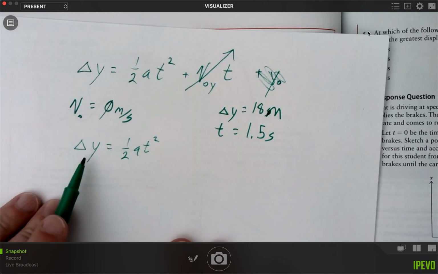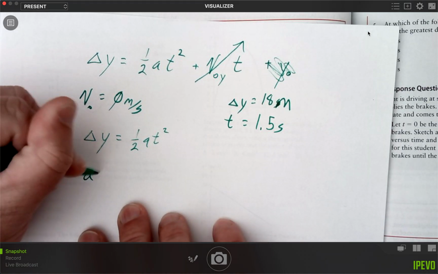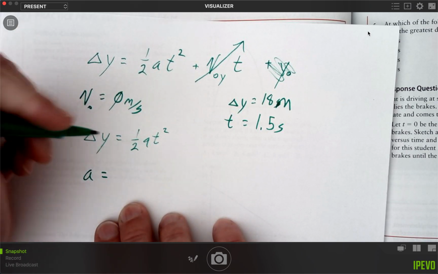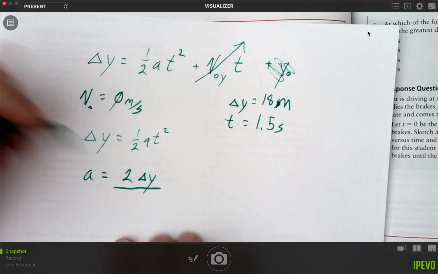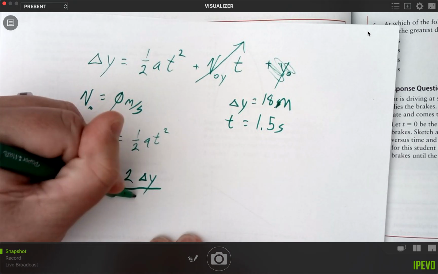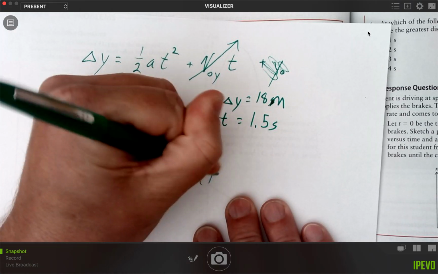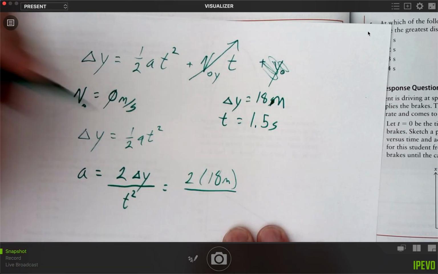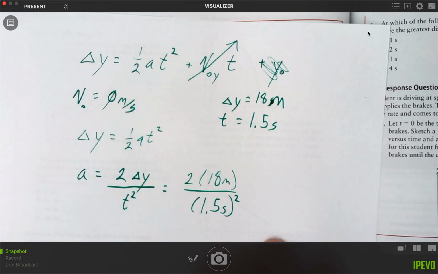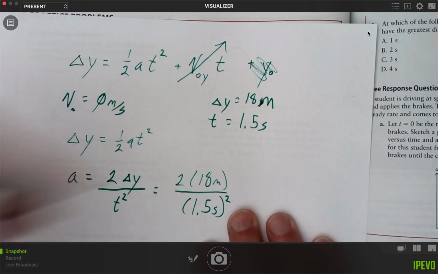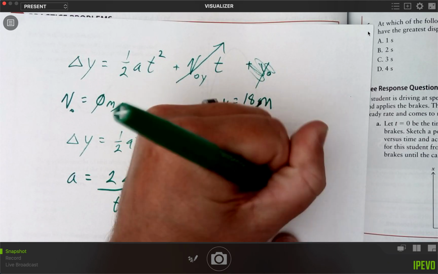So I know my change in y, I know my time, I can get my acceleration. So I just do some algebra. My a is going to equal 2 times the change in y divided by t squared, where 2 times 18 meters divided by 1.5 seconds quantity squared. What we get is, I think, 16 meters per second squared.